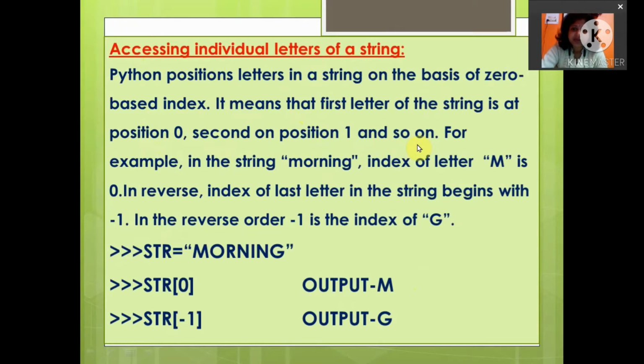For example, in the string morning, position 0 will give the output M, position 1 will be O, position 2 will be R, and N will be in the third position. Similarly, if we count backward, G will be at -1, then -2, -3, and so on.